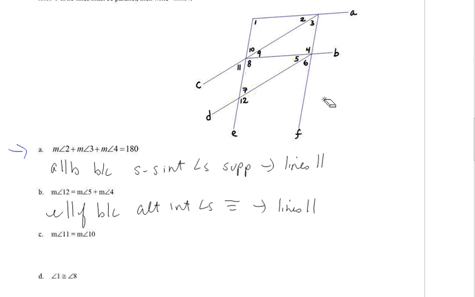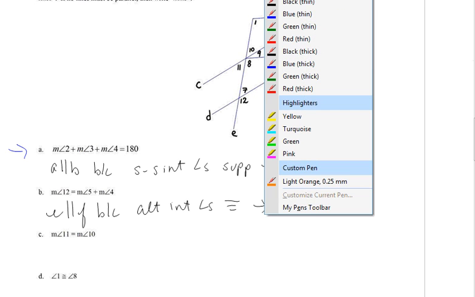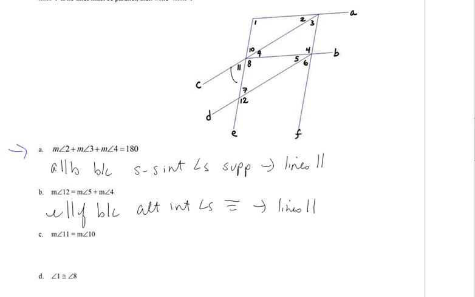Alright, next up we've got 11 being congruent to 10. Okay, so we can get into the idea that I've been suggesting in the other problems, that they share line C. However, even though C crosses two lines, you could say that E and F are crossed by C. Does F have anything to do with angle 10 or 11?